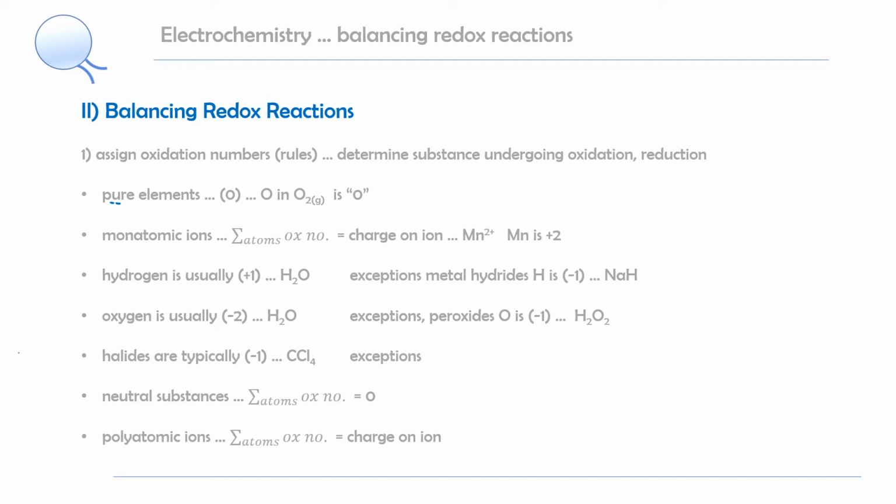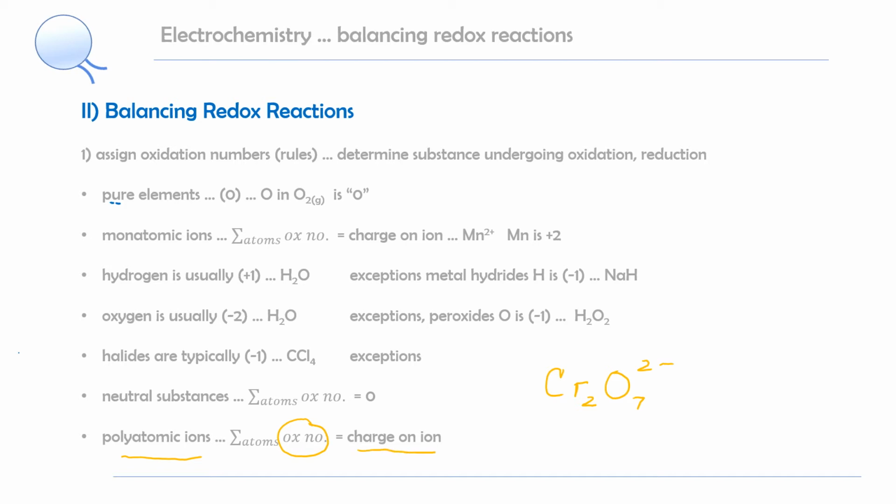Okay, polyatomic ions. Oh, what about this one? Cr2O7. That whole thing carries a 2- charge. The rule is that when you add up the oxidation numbers for each of the elements in the ion, it has to add to the charge on the ion.